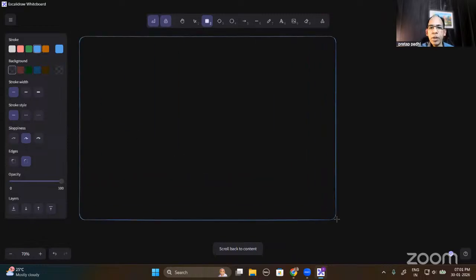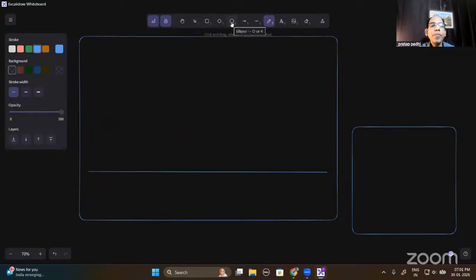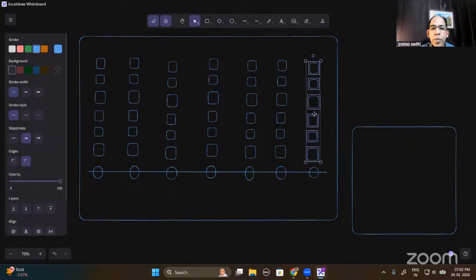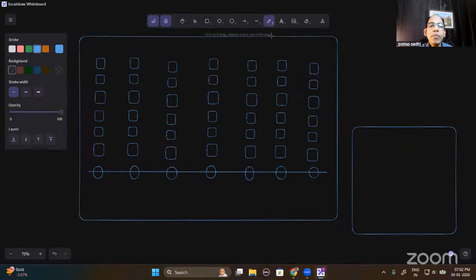Anyway, now this is the concept of a Poisson process. This is 0, this is 1, 2, 3, 4, 5, 6. That way I will write.